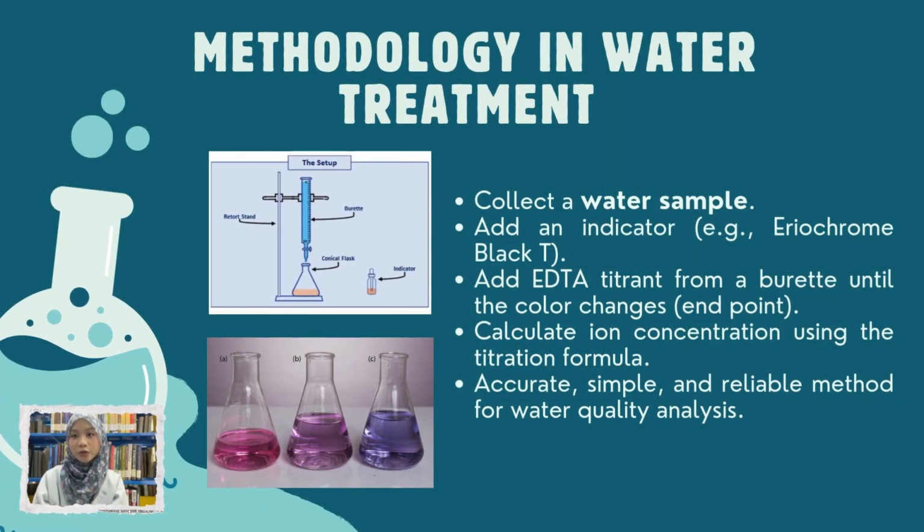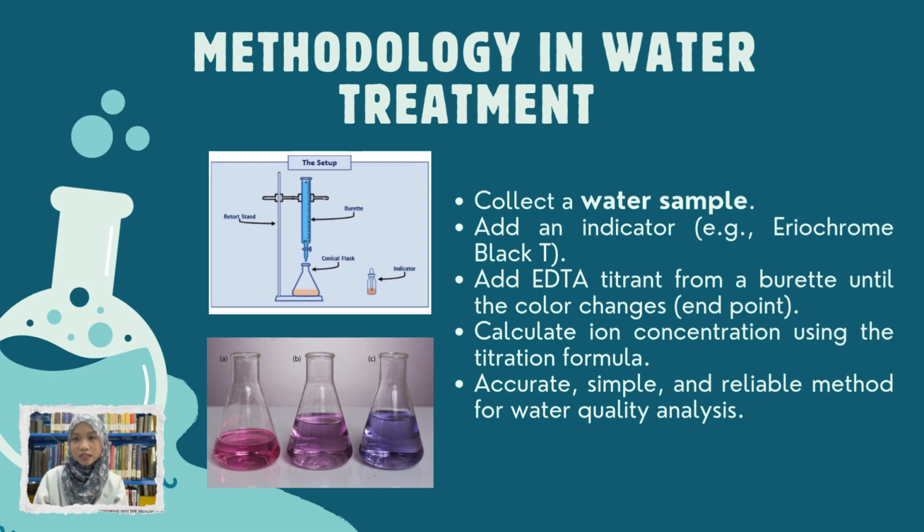Now, let's look at how volumetric analysis is carried out in water treatment. The methodology is straightforward. First, a water sample is collected. Next, an indicator such as Eriochrome Black T is added.